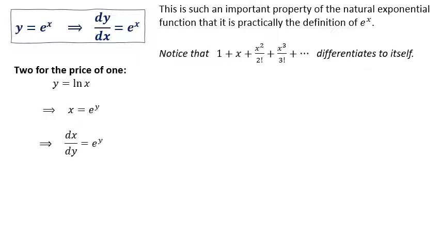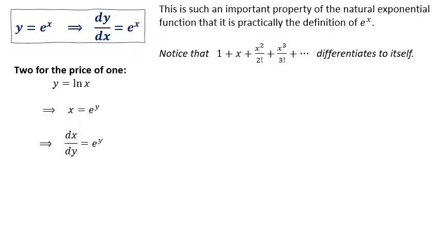We're used to having y defined in terms of x and differentiating everything with respect to x, but there's no problem with having x defined in terms of y and differentiating everything with respect to y. It works just fine. Now, it turns out dy by dx is just the reciprocal of dx by dy. Kind of makes sense. The rate at which x changes with respect to y is just 1 over the rate at which y changes with respect to x.